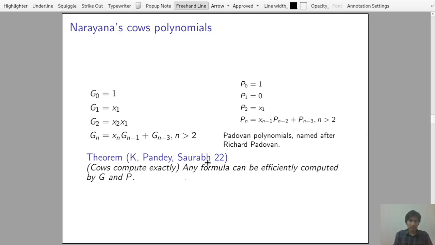So the main theorem in this paper is that any formula can be efficiently computed by G and P. If you view these sequences of polynomials as computational models, then they are equivalent in power to formulas.